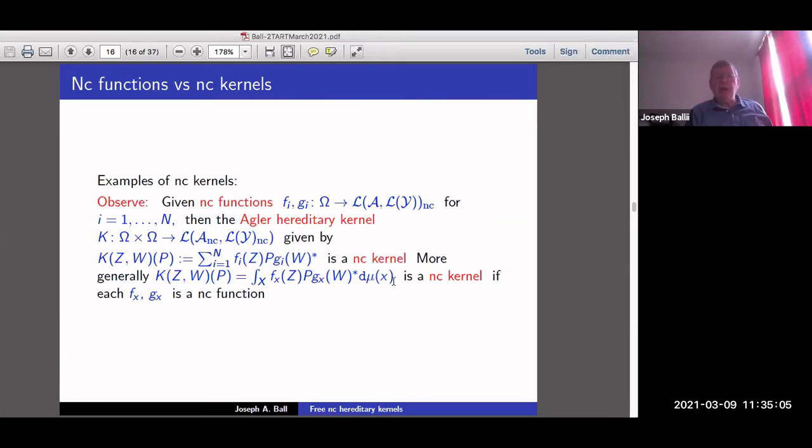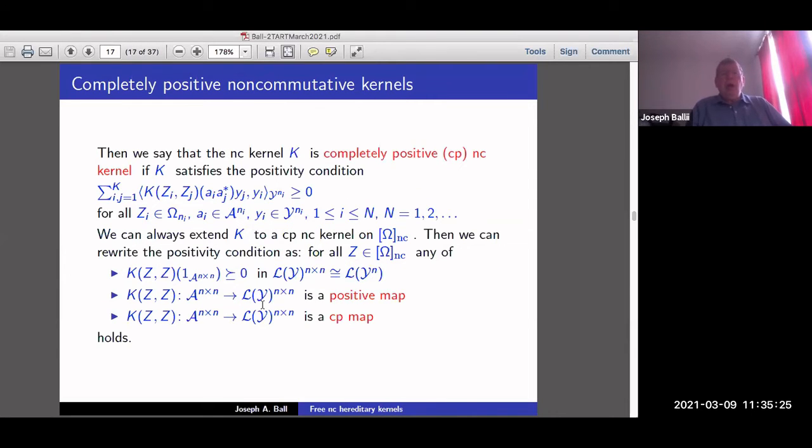And more generally, you could have an integral of such things. So this is a noncommutative version of Agler's hereditary function. The stars always to the right, and the P in the middle, and unstars with the Z on the left. That's how I do it.